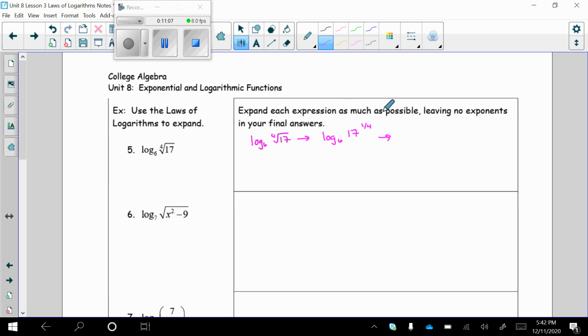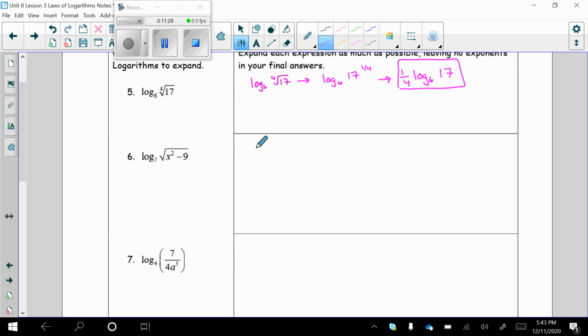Then moving our exponent out front following that rule. So 1/4 times log base 6 of 17. 17 being prime, this is as expanded as we can get that one.